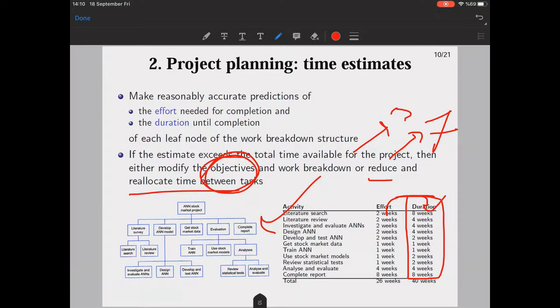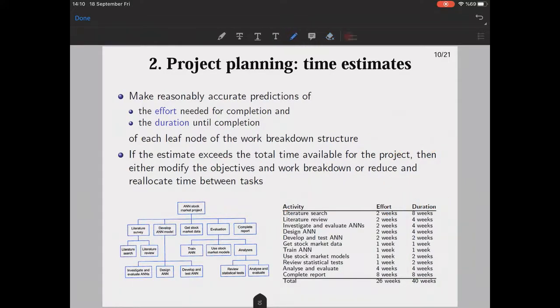If you add everything up and the duration is 40 weeks, and suppose that you have been given 36 weeks for the project as deadline, it means that you have a problem. You have to go back and reevaluate the time estimates here.